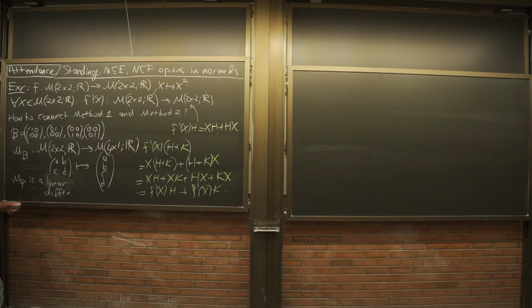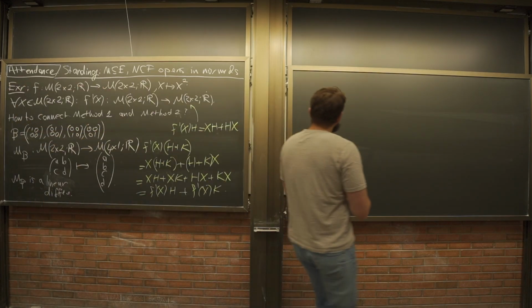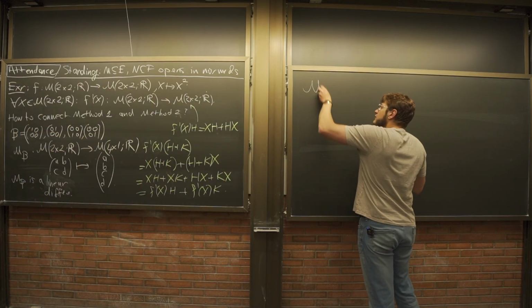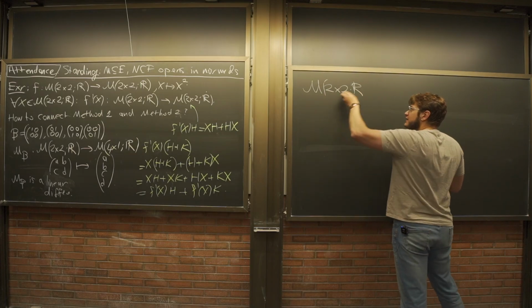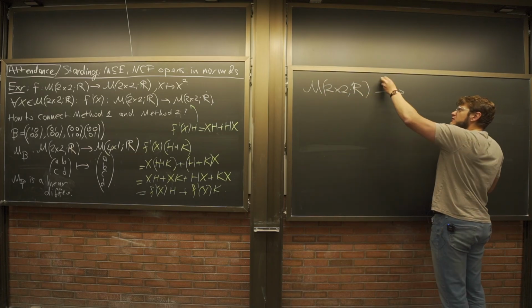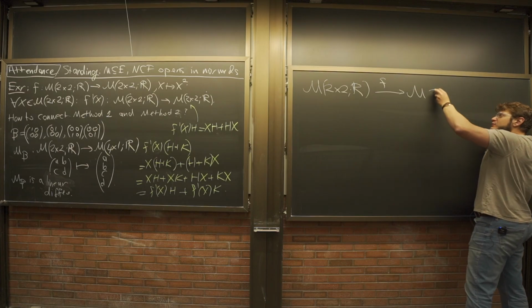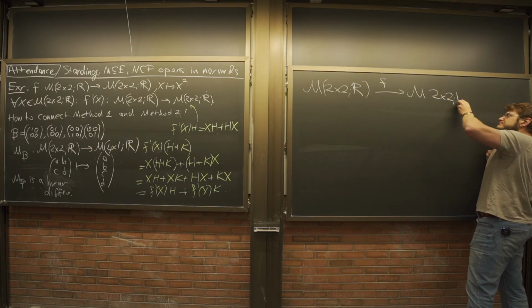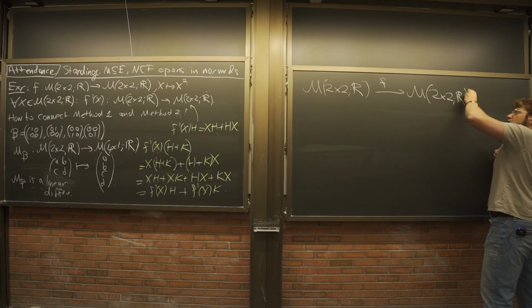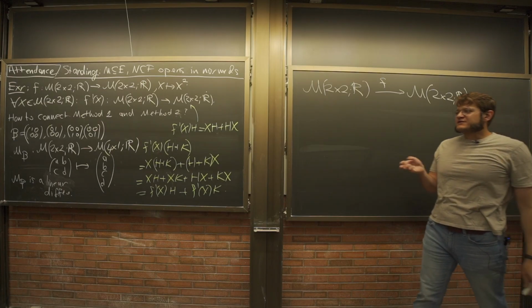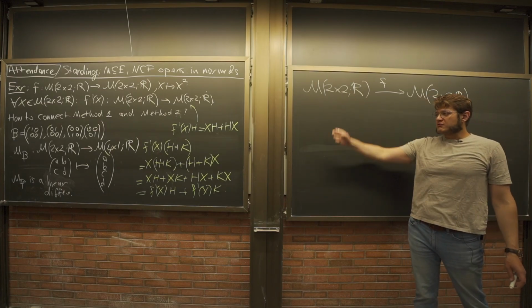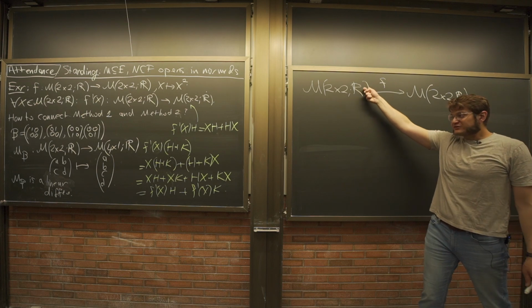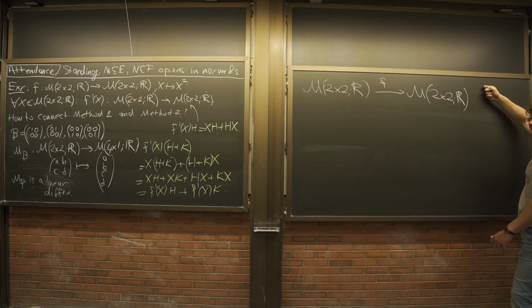Okay. And so what did we do yesterday? We had this function f that takes a 2 by 2 matrix and gives you back another 2 by 2 matrix. And then how did we come up with this f tilde, the vectorized version of f? Well, we just took the input, vectorized it, took the same input, computed its square, and then vectorized it again.